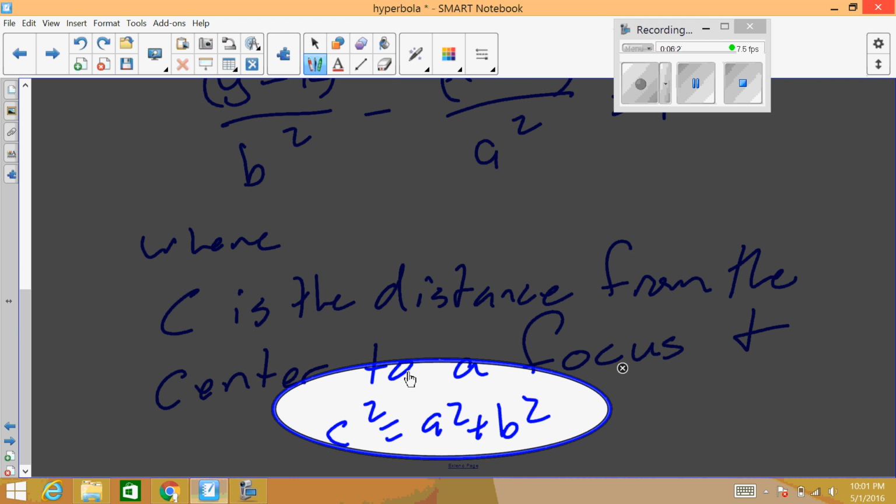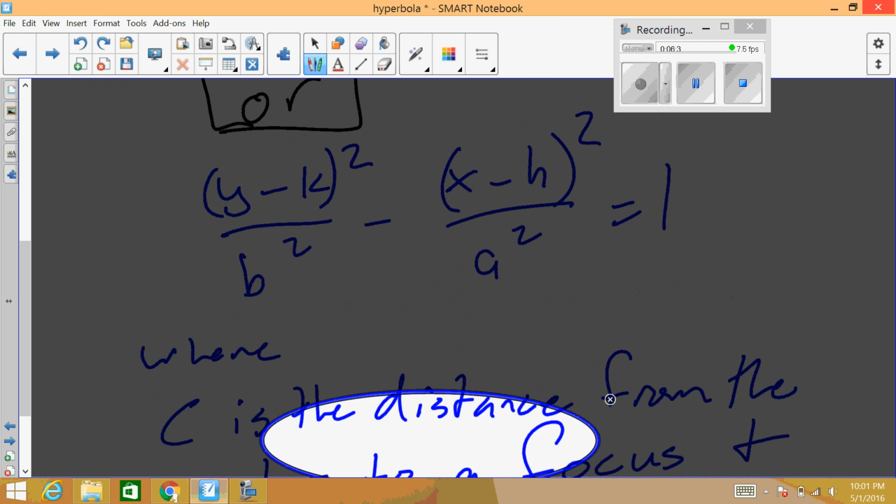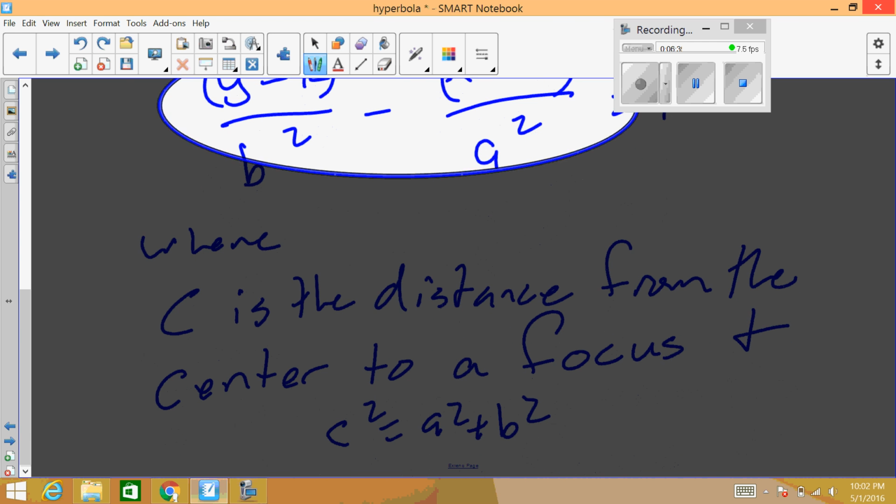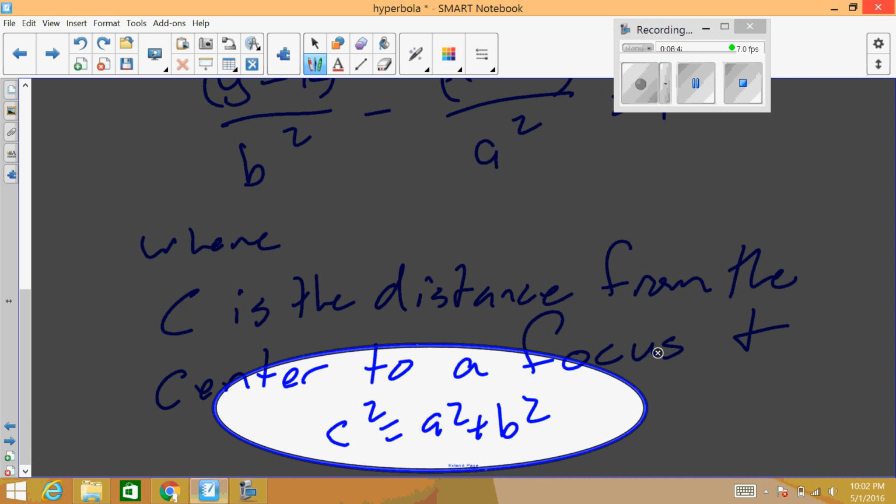So c squared is a squared plus b squared. It's the opposite of the sign in the equation itself. That's true for both ellipses and hyperbolas. My c squared equation, c squared equals, and we're dealing with my a squared and my b squared. Hyperbola minus in the equation, plus when we're finding c.